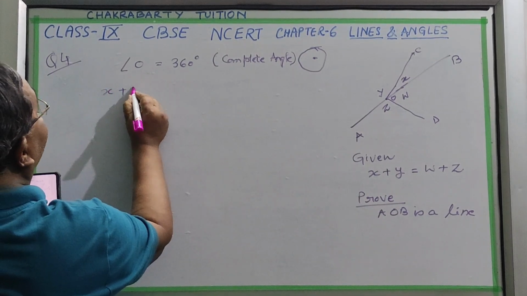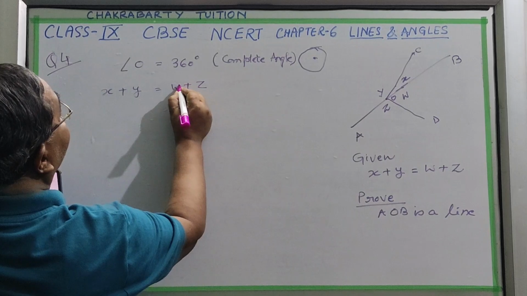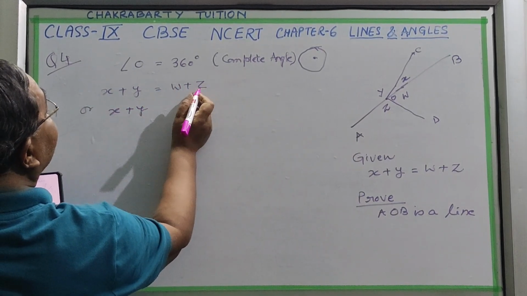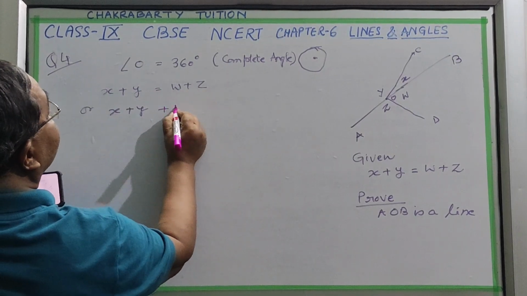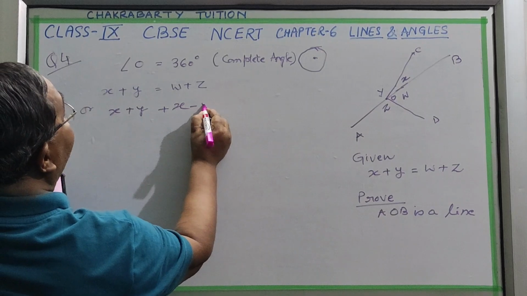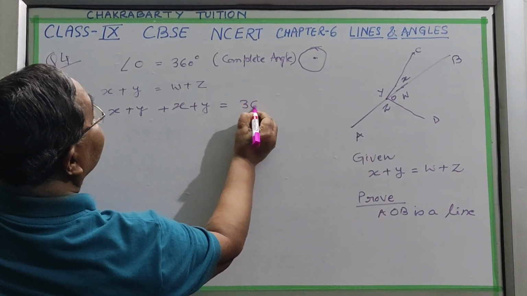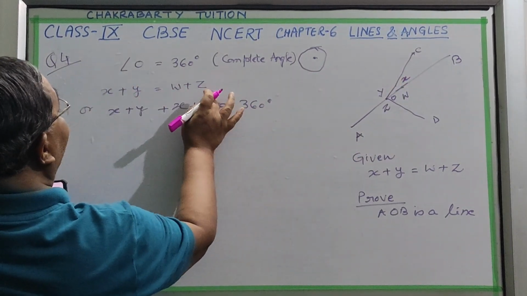Now x plus y is equal to W plus Z, or we can write x plus y, and here we can replace xy, this plus W plus x and y equal to 360 degrees. Then it will become equal, because these two are equal.